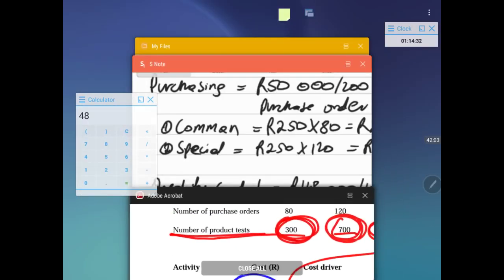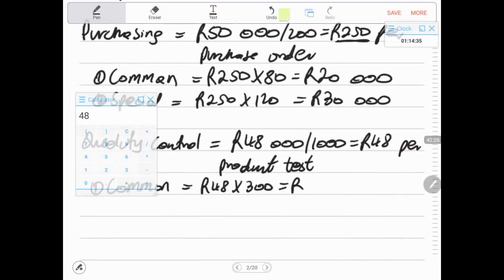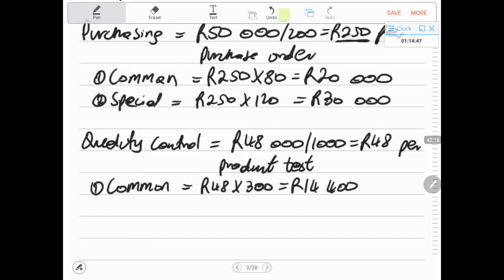So I multiply by 300, and this becomes 14,400, being the total cost of overhead for quality control.